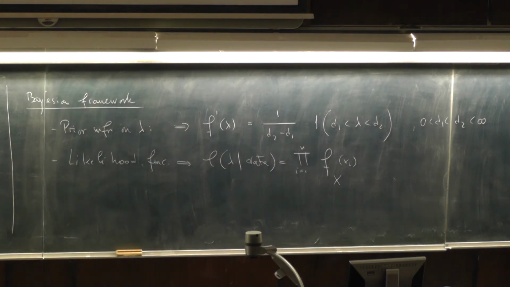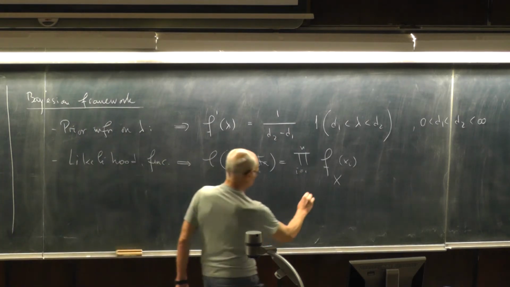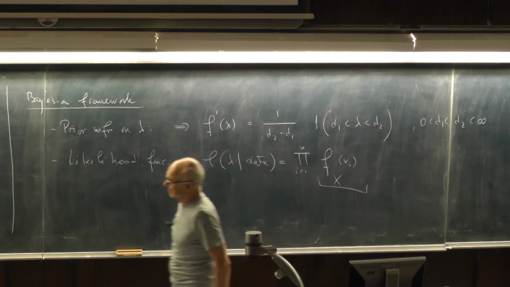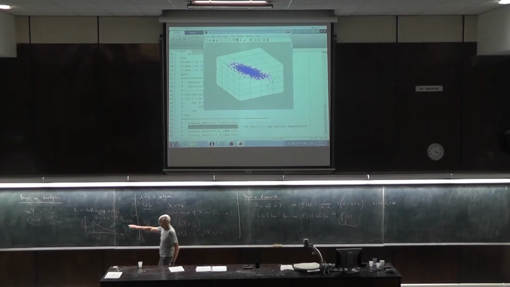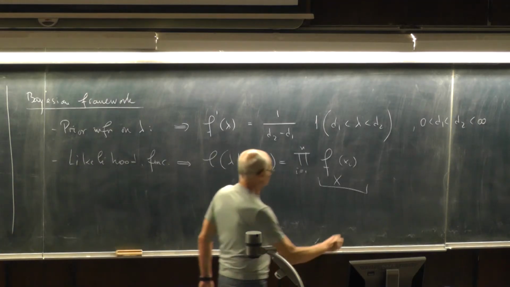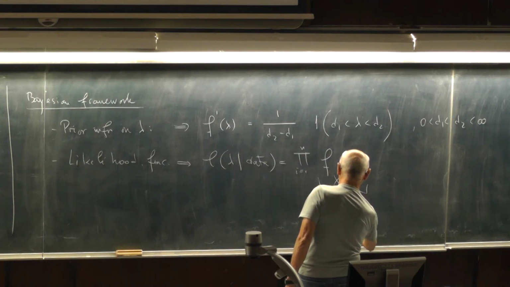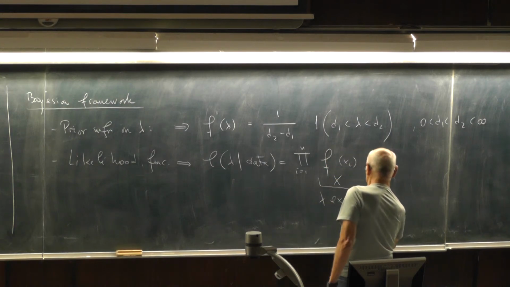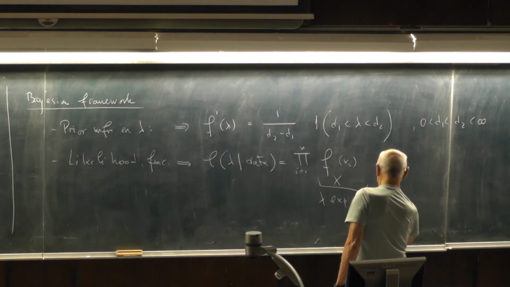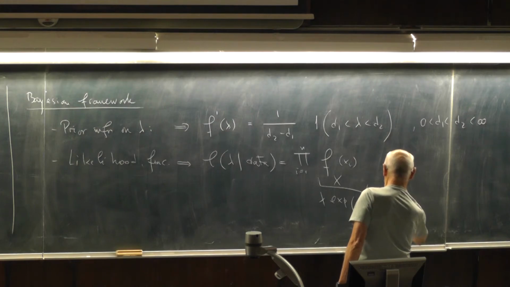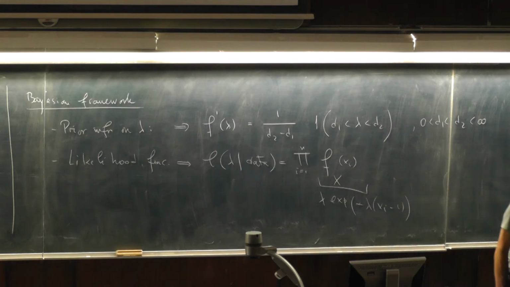The xi, remember, are numbers, are measurements. So what this distribution is, we wrote it right here. This distribution is evaluated at xi. That is, this exponential with a lambda in front of e to the minus lambda times xi minus c. So it shouldn't be the data given the parameter.